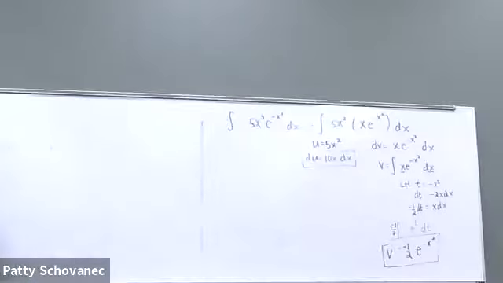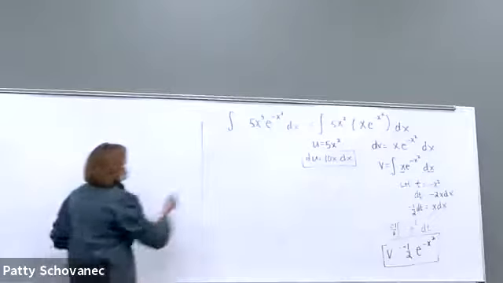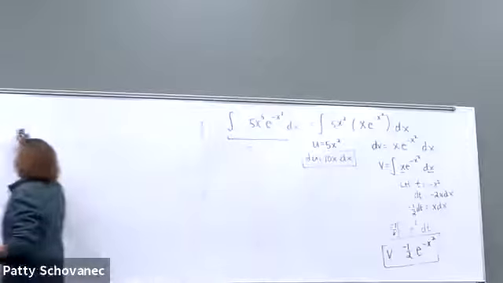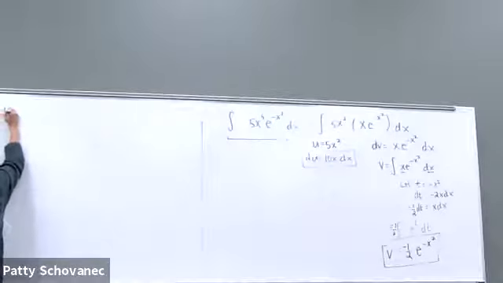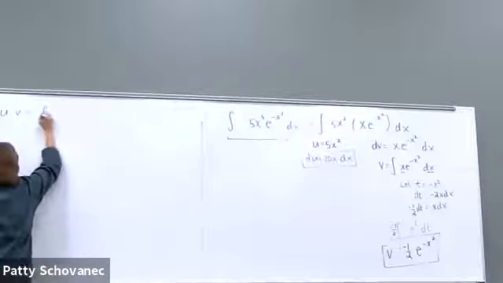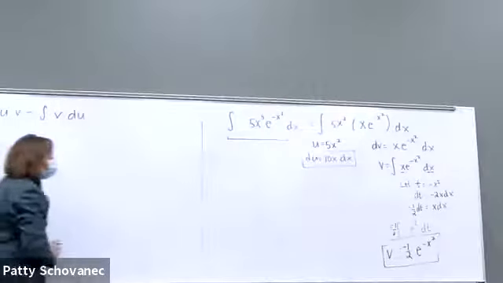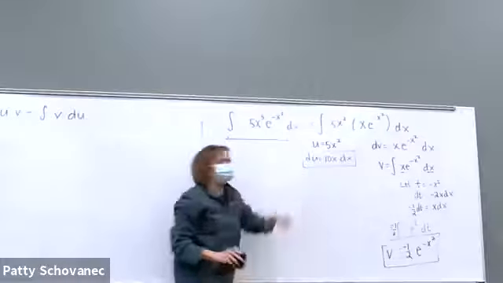Okay, now we're ready to integrate by parts. So this integral here is equal to u times v minus the integral of v du. So my u was the 5x squared.